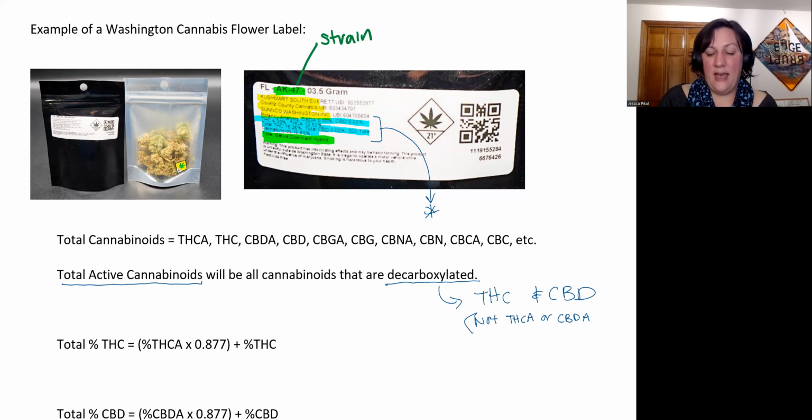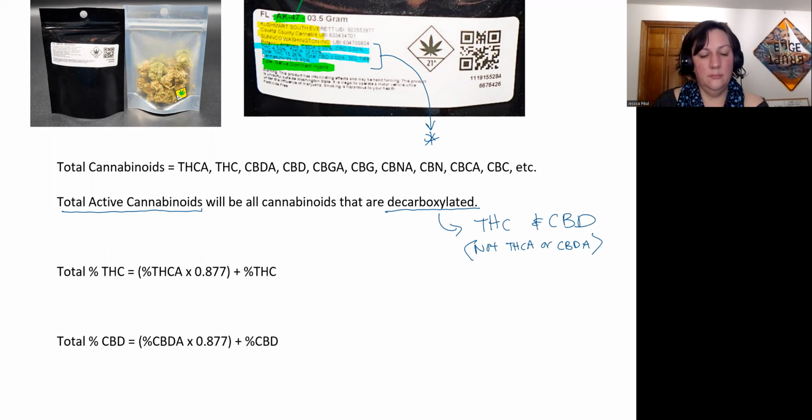These still have the carbon bonded to two oxygens and a hydrogen that through the decarboxylation process will be removed from the molecular structure as carbon dioxide. And that activates it. That's why you'll see it labeled as total active cannabinoids.